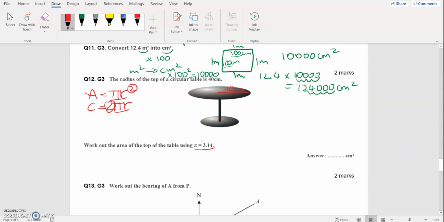In this case, we're going to use the area formula. So we have A equals pi r squared. Substituting the values, pi in this case has to be 3.14 times r, which is 40 squared, which is 3.14 times 40 times 40, and this is equal to 5,024 centimeters squared.